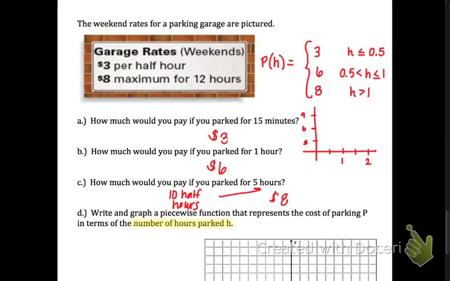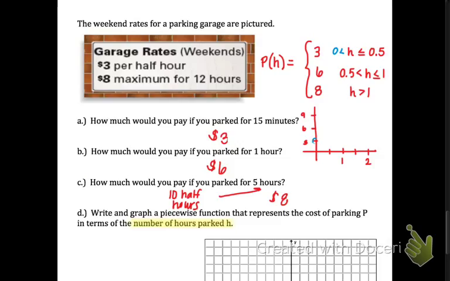Okay. I would not want to include 0. And I guess technically it would make more sense for us to go up here and say that H's are between 0 and 0.5, because if you parked 0 hours, then you shouldn't pay anything, because that means you didn't park at all.